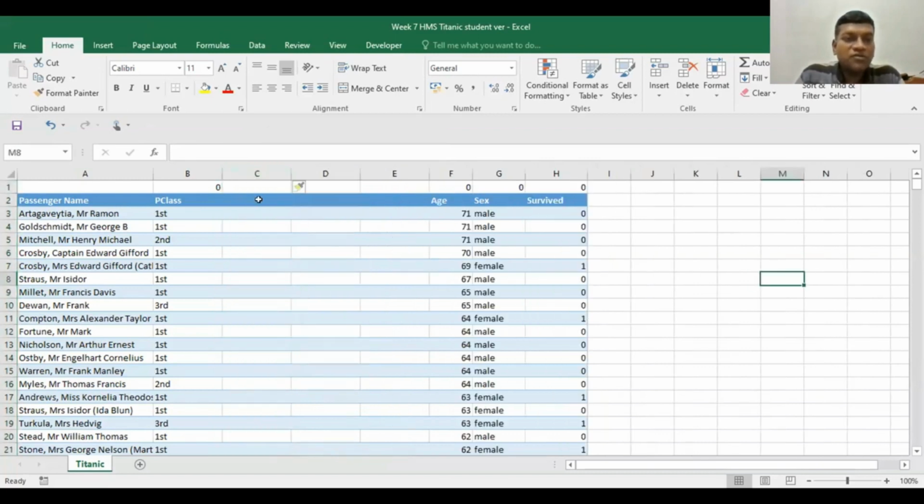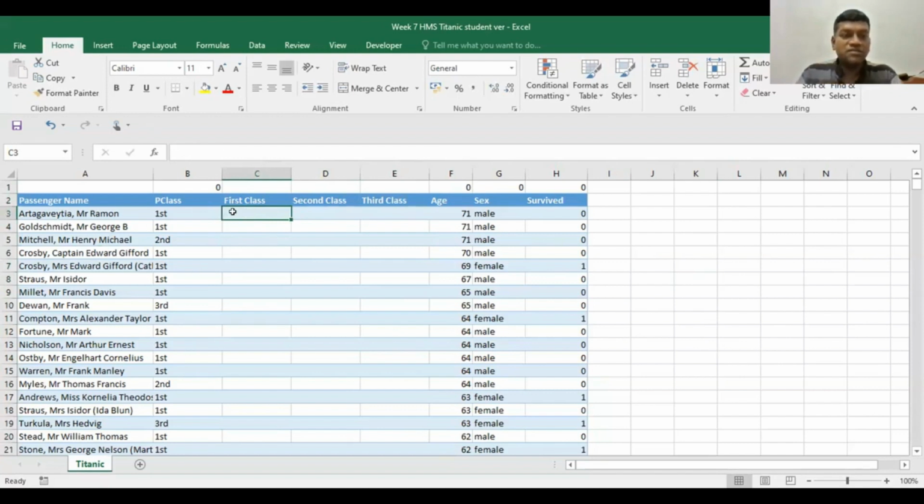Okay, so I want to determine whether he traveled by first class or second class or third class. Now I can use a nested if, as I think Deepak had suggested.